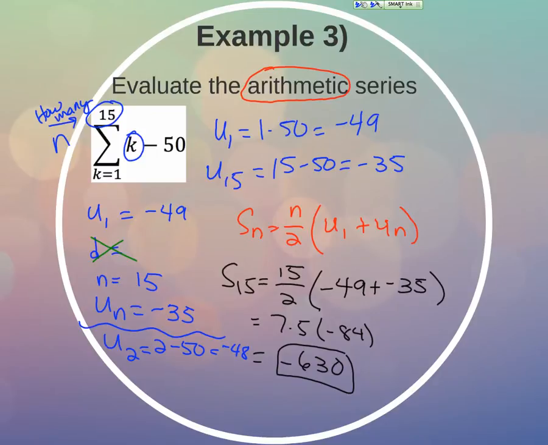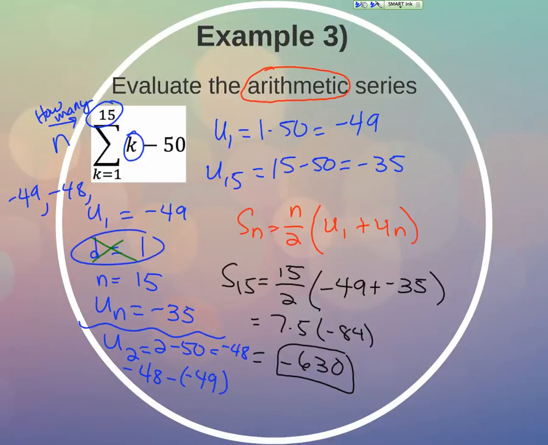So if I have negative 48 minus negative 49, what do I end up with? If my second term is negative 48, that means my list is negative 49, and then negative 48. So what's the difference between these two? 1, so that means the common difference is 1.